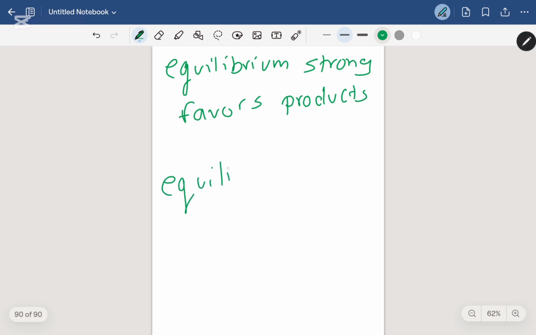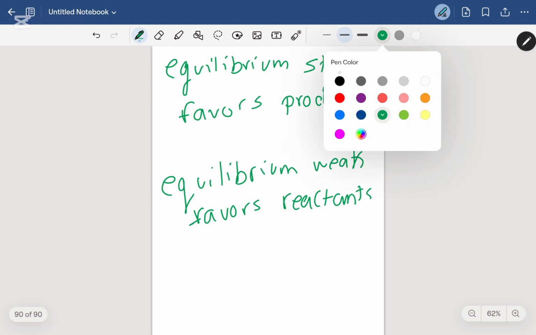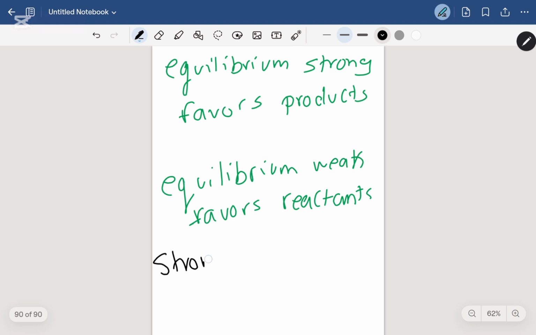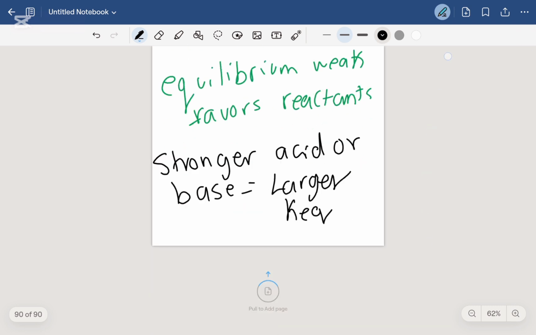However, equilibrium in the weak acids or bases always favors the reactants. Okay? Now, of course, a stronger acid or base means what? It means a larger equilibrium constant, which we are going to denote as Keq. So a stronger acid or base means a larger equilibrium constant.